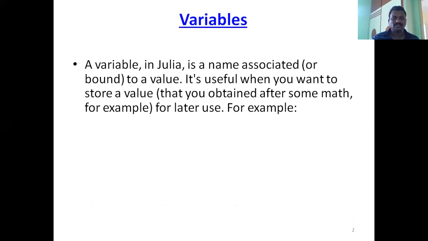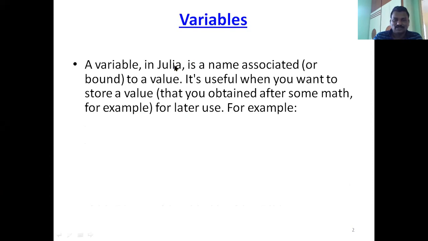The variable in Julia is a name, a particular name associated to a value. A variable is a name which is used to store some data. It is useful when you want to store a value for later use, that is called a variable.